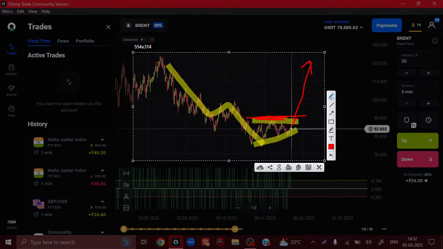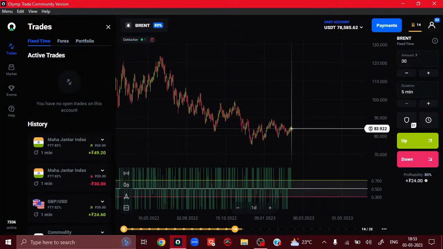Is it clear enough? Okay, D marker is not the same. It is of period 14. See, we cannot say anything, Arnav, as in when particularly it will give you the breakout.